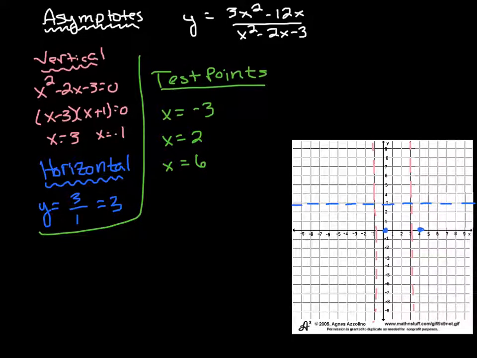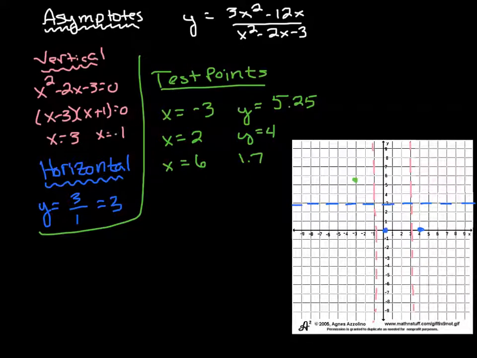So when x equals -3, plug that into the equation, and what do we get for our y? After plugging those points into my calculator, or just doing it by hand, you'll get 5.25 if you plug in -3 for x. So we're going to go to -3, go to 5.25, right around here.